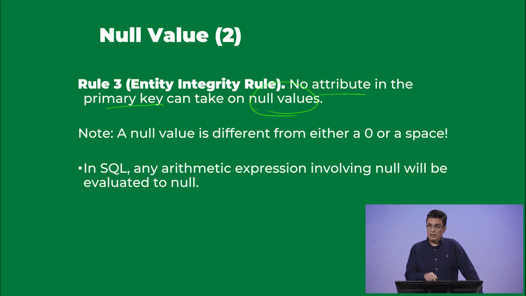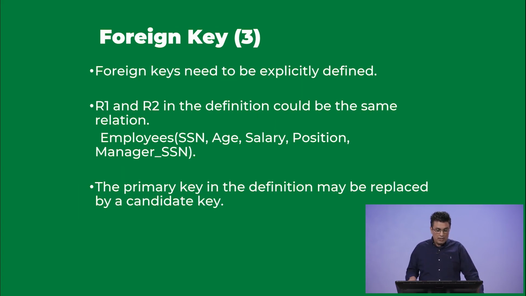What this rule says is that when I enter the employee data, it's not going to be allowed to have a null value if the social security number is the one used as the primary key. That means it's not okay that I don't know the social security number and I still enter that information into the data. So that is not allowed. That's what rule number 3 says. It says I have to have a value for that.